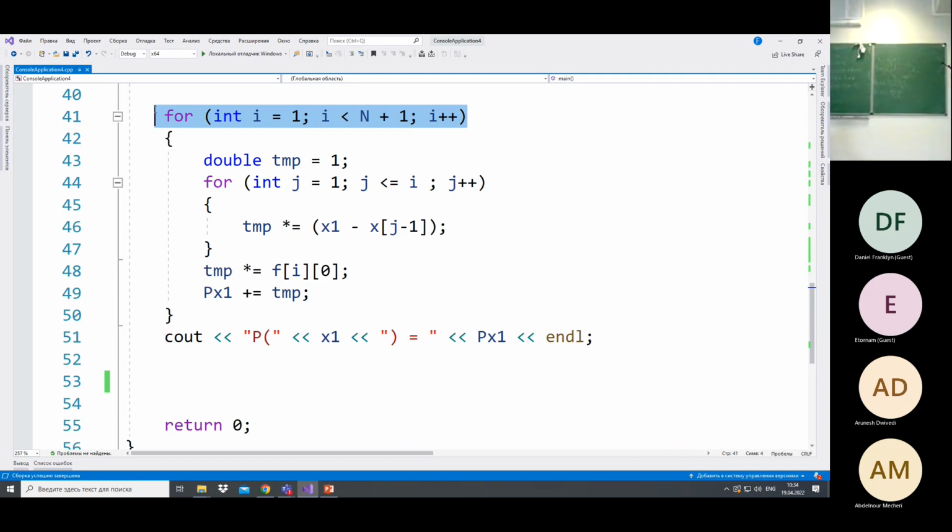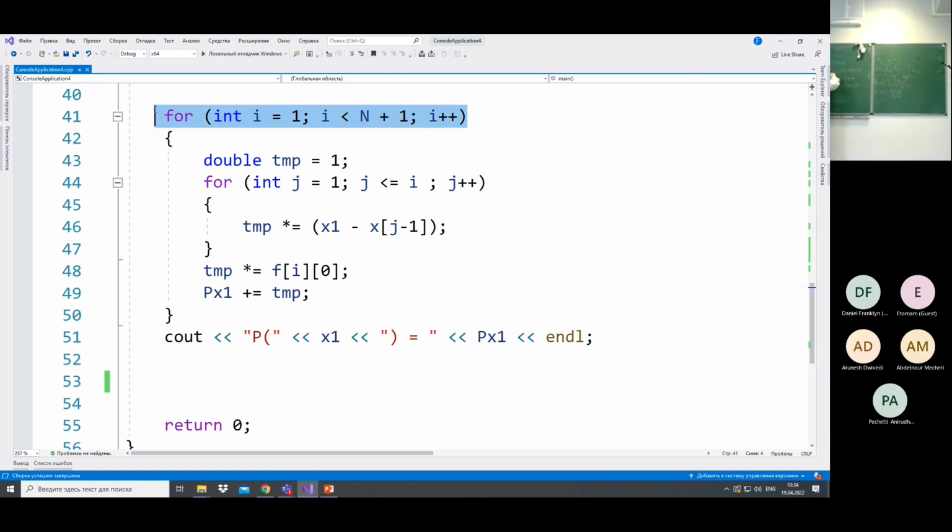As you see, this is a sum of products. This plus this plus this plus the next for the next polynomial, and for each element of this sum, I should compute the product of the x's: x minus x0, x minus x1, x minus x2, and multiply it by the divided difference. Here I implemented this using two loops.